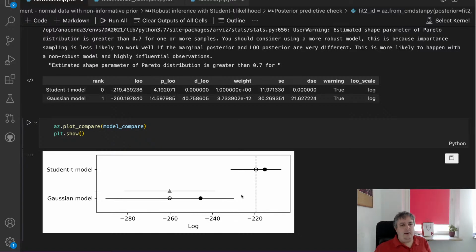What is very important is that the value of leave-one-out cross validation, or this expected log predictive density, is generally on an arbitrary scale. So the fact that mean values differ by 40 doesn't mean anything.